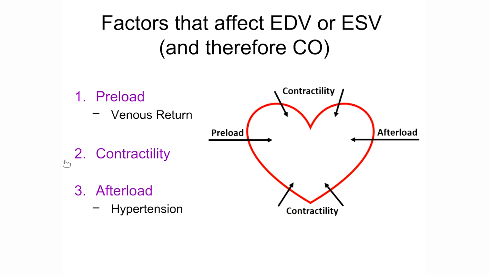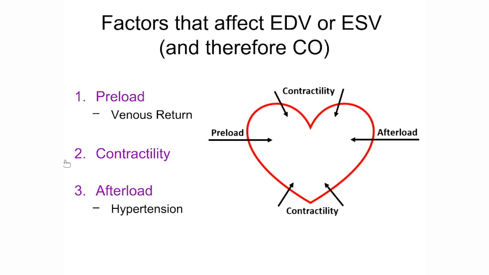So what I want to do with this slide is talk about what these 3 things are, kind of define them for you, look at whether they're affecting ESV or EDV, and then with the last slide we'll talk a little bit about how they're affecting EDV or ESV and what effect that translates to with cardiac output.